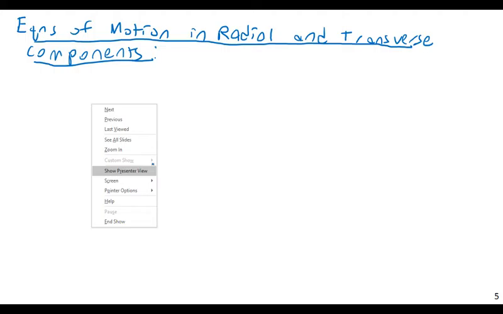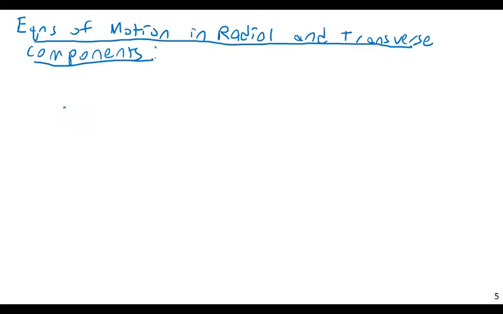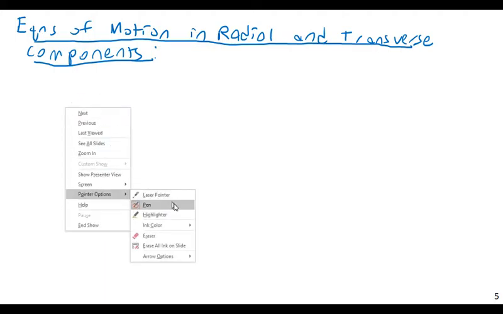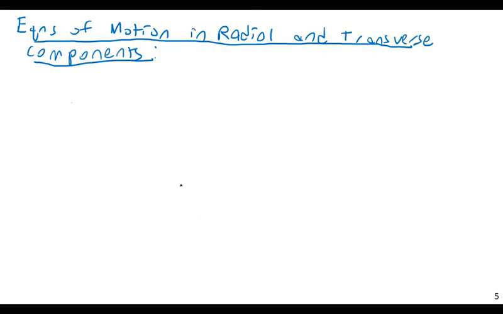Previously I've been looking mainly at rectangular components for my equation of motion, but I would like to now look at essentially polar coordinates, because there are definitely cases where it's beneficial to work with polar coordinates rather than rectangular components.